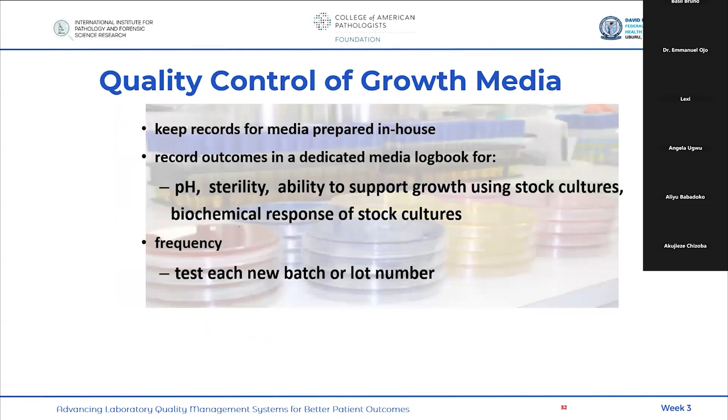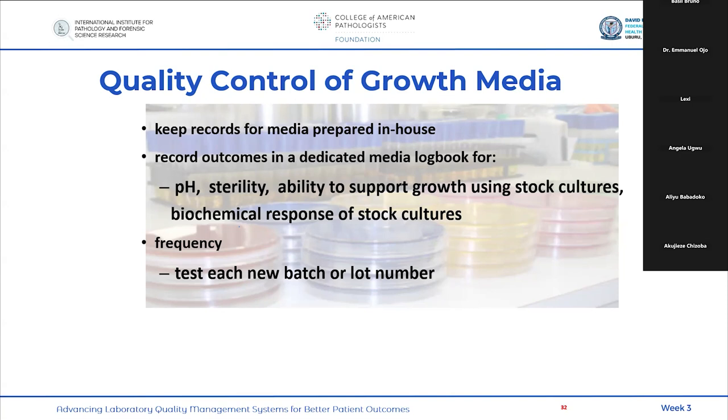Still talking about QC of growth media, it's important that we keep records for media that is prepared in-house. So we should be able to have documentation of when the media was prepared, the results of the sterility testing. I talked about sterility check earlier on as part of QC for media preparation.